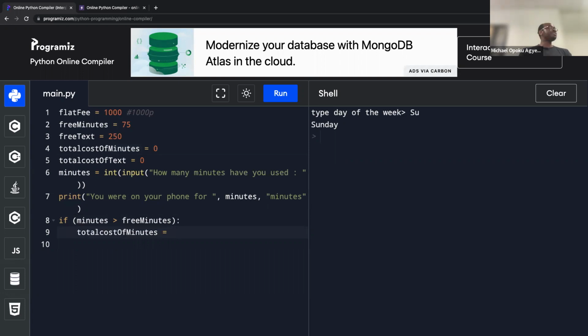Because they allow certain 3 minutes, right? So the total minutes, of course, would be the minutes they've used minus the 3 minutes. And it says each after the 3 minutes, if they go over, each minute is going to cost them 12p per minute. So just multiply by 12.